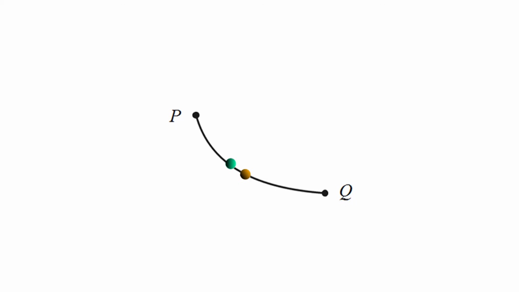In Greek language, the word tautochrone has the meaning equal time. The tautochrone problem is to find the shape of a wire from P to Q such that two beads started at any points on the wire between P and Q reach Q in the same amount of time. The solution to this problem is also an inverted cycloid.